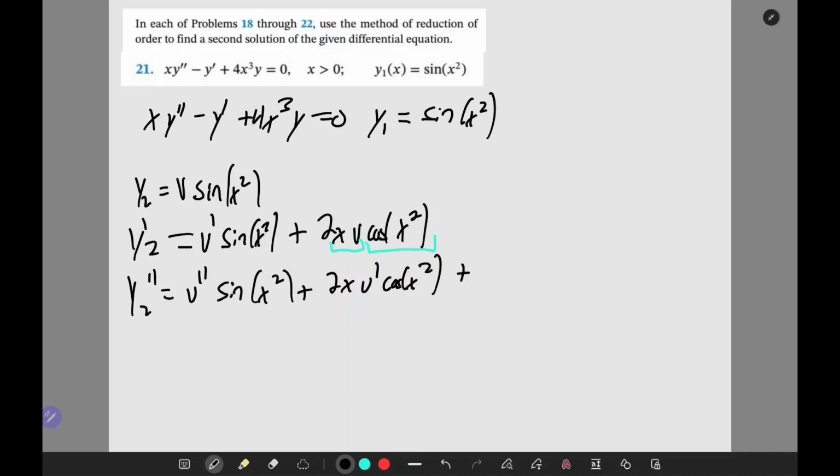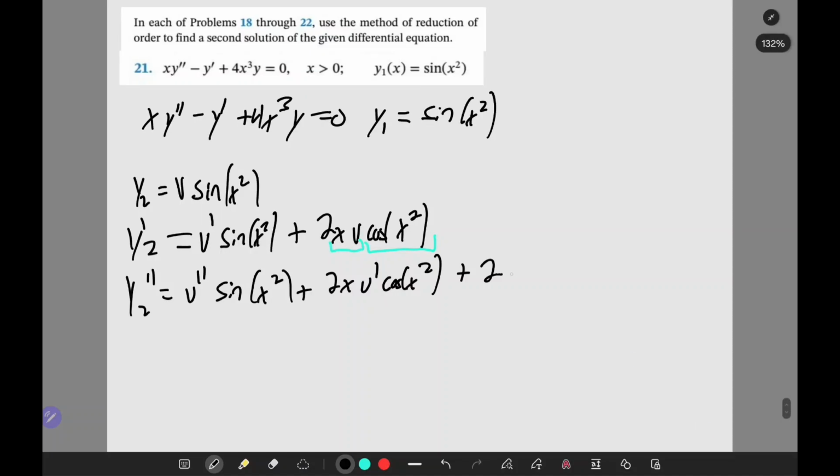The first times the derivative of the second would be, the 2 carries, times 2x v cosine.